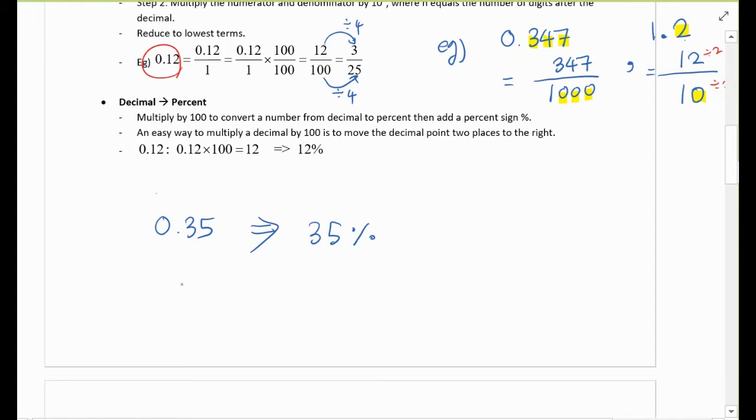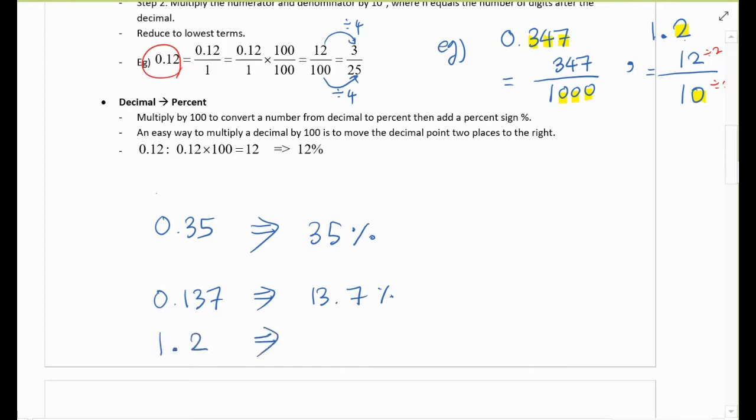Okay, and say you have 0.137. What is this, everyone? That's 2 decimal places to the right. That's 13.7%. Or say you have 1.2.